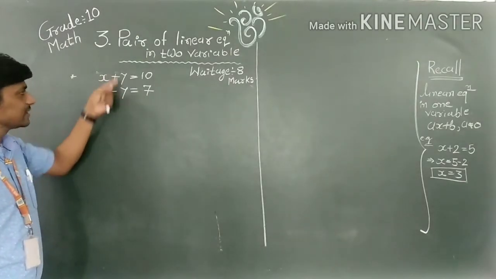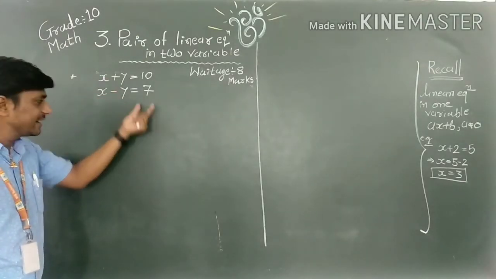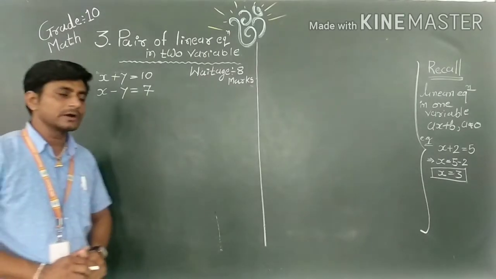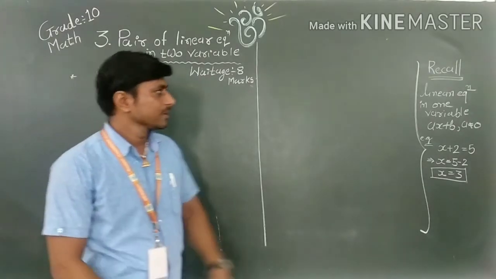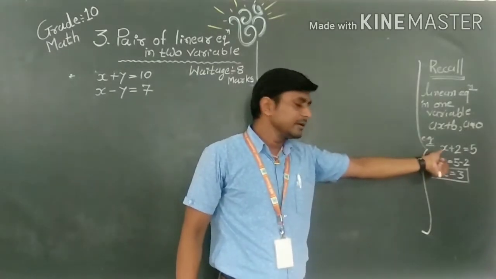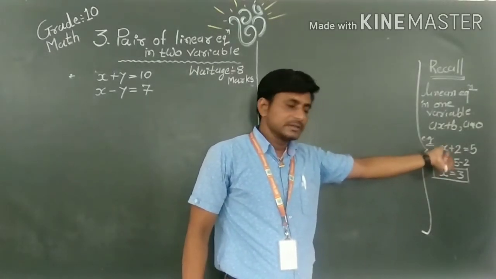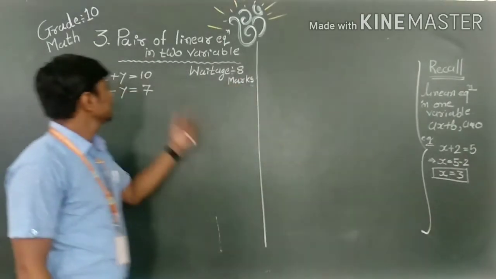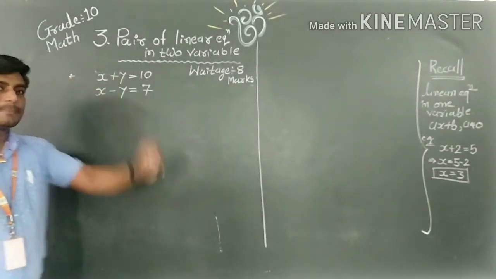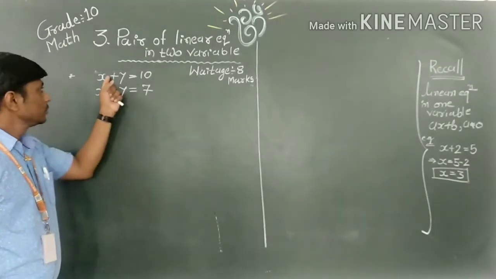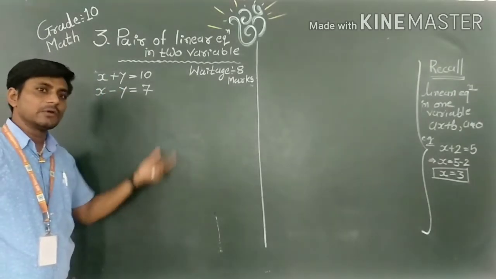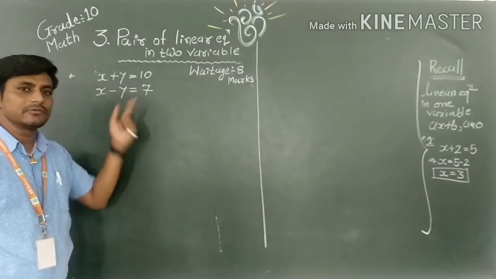Now we can easily solve both equations and find both variables x and y. In short, with one unknown, one equation, we can solve for the variable. If we have two unknowns, then compulsorily we need two equations. Then we find the value of x and the value of y.